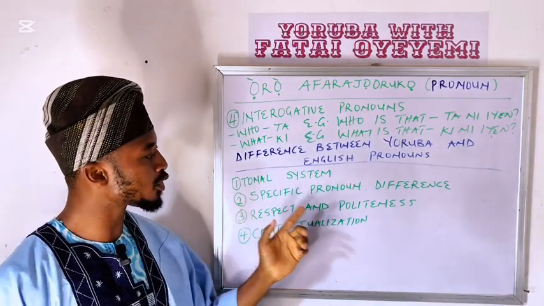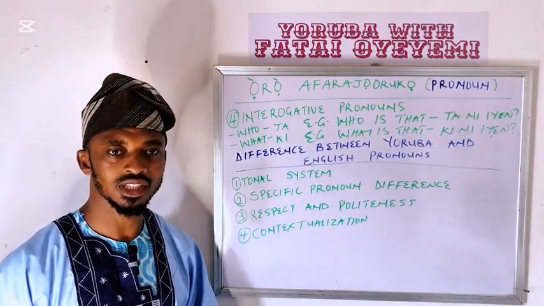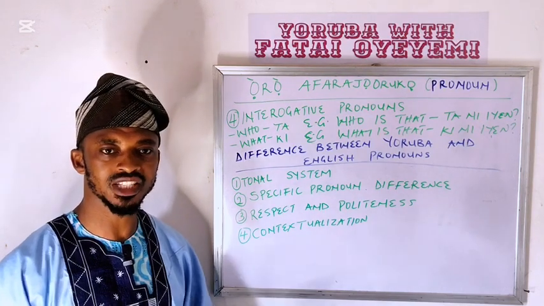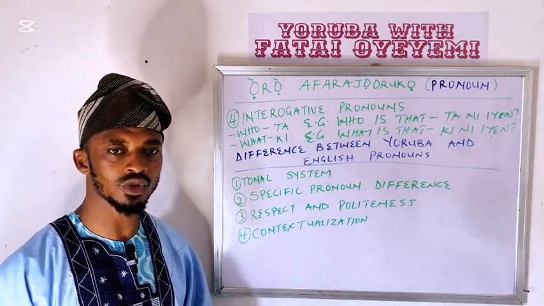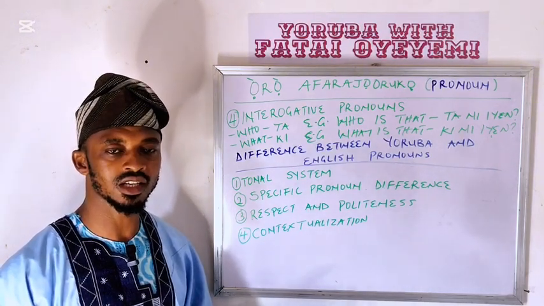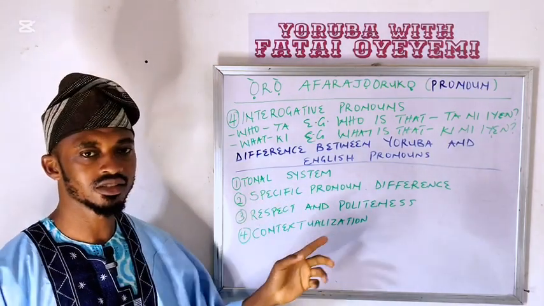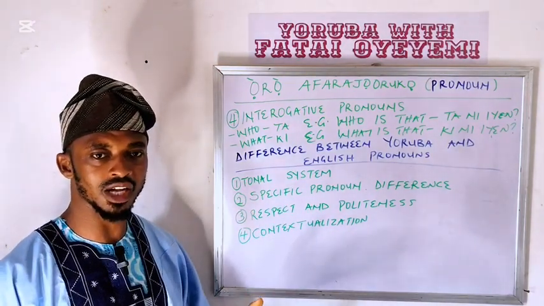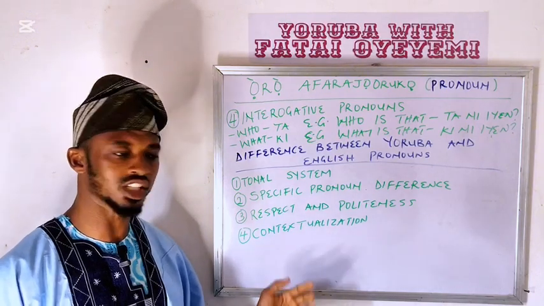Then specific pronoun difference. When we're talking about the personal pronoun, that's where we have the first person singular, first person plural, second person singular, second person plural, and third person singular and third person plural. So this is something that makes Yoruba pronoun differ in a way from the English pronoun.